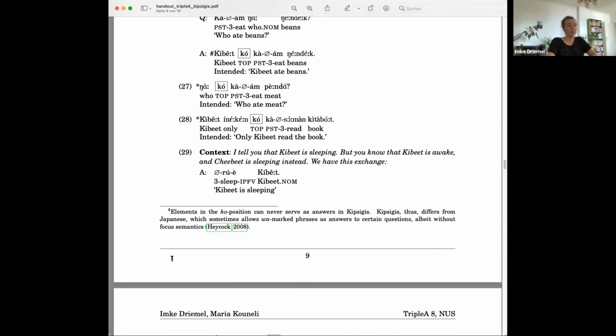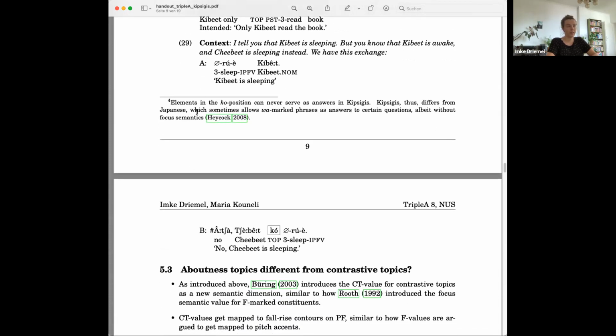And in 29, we see a correction context where speaker A says Kibet is sleeping, and then speaker B corrects A saying, no, Kibet is sleeping. And again, Kibet cannot be in the co-position. So these are all bona fide focus scenarios, and they seem to be blocked in the co-position. And this is probably a very solid argument against a Wagner-style account, because we would expect that if Co spells out the focus operator, it could also just license single focus structures.